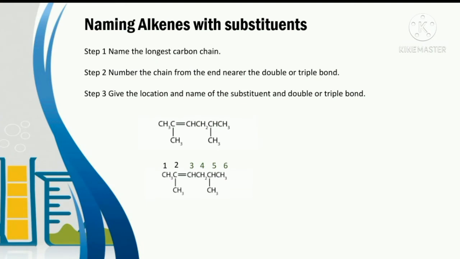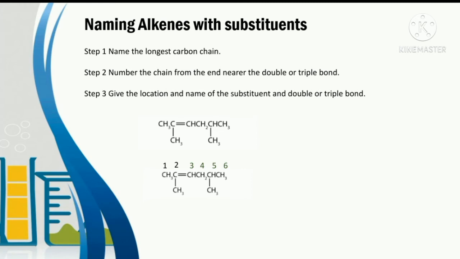The procedure in naming alkenes with substituents is almost similar to the previous examples. Step 1. Name the longest carbon chain. Step 2. Number the chain from the end near the double or triple bond. Step 3. Give the location and name of the substituent and double or triple bond.